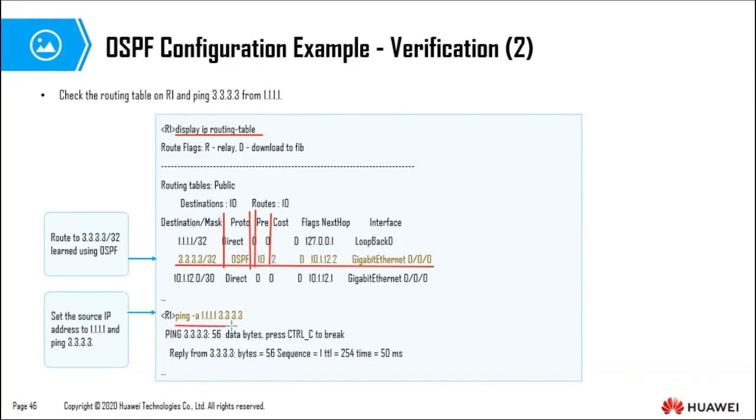And then we can go ahead and ping using the -a option to specify the source. So ping -a 1.1.1.1 3.3.3.3. When we do that, we are going to get replies from this guy, meaning that now we are able to ping the loopback interfaces of these two routers. So OSPF has been used to automatically generate these routes.